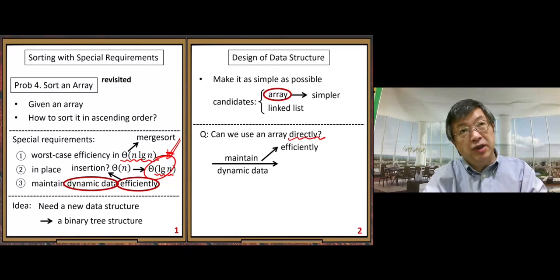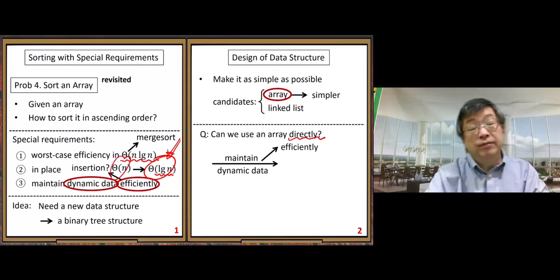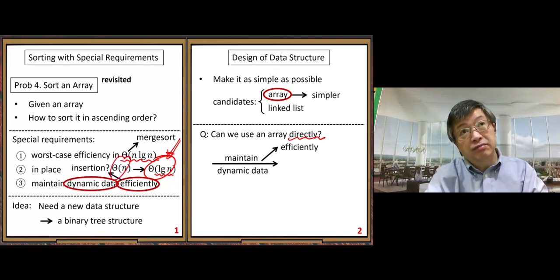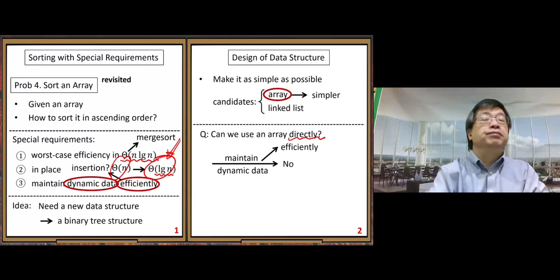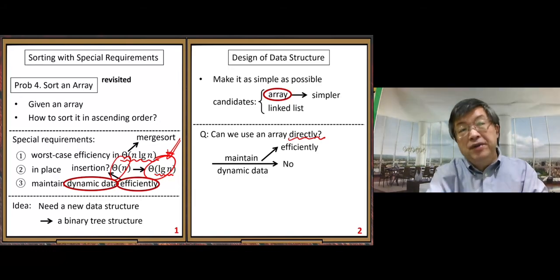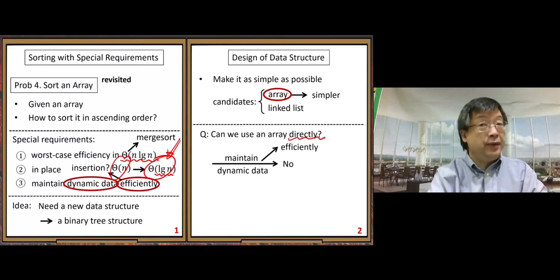That means efficient. Big theta of n is not efficient. The answer is no. If you do not do anything special, you cannot get that directly.